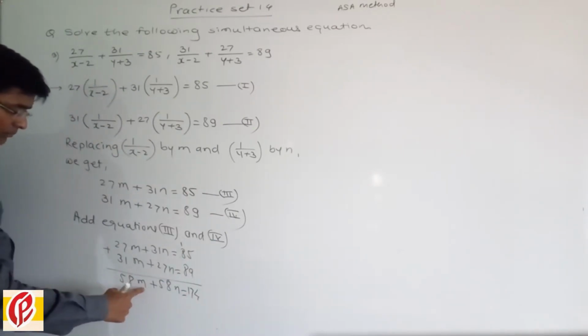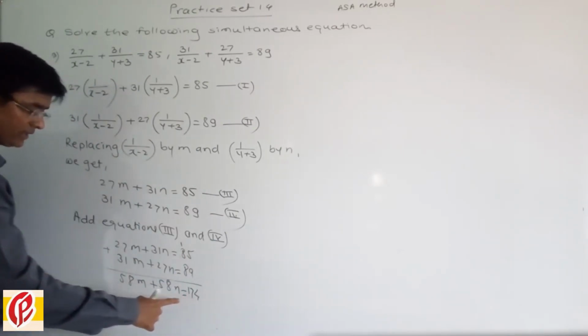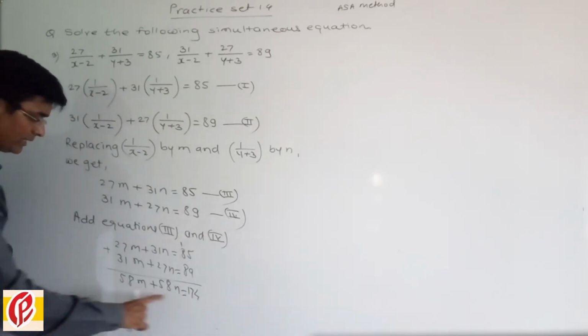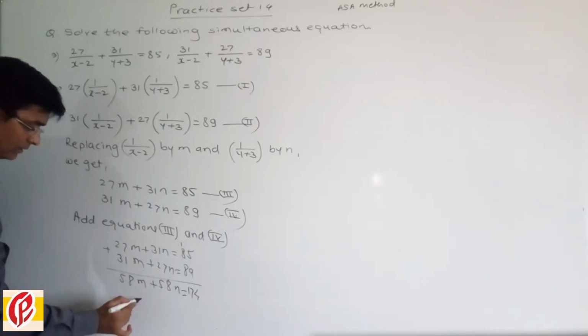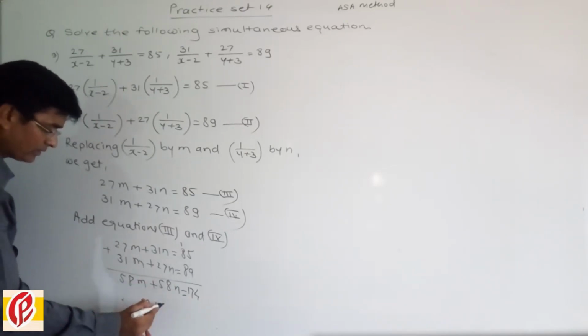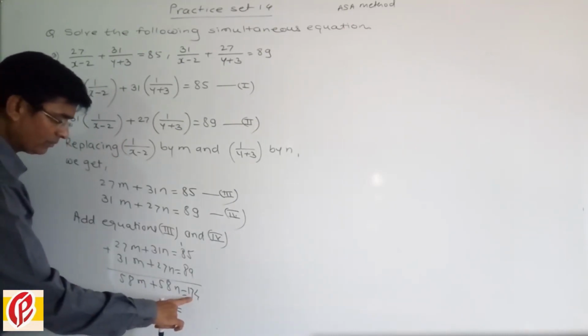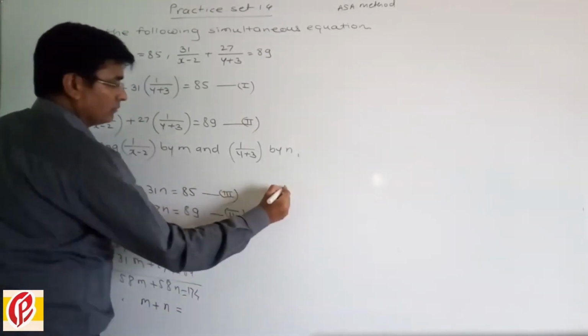So here is 58m plus 58n is equal to 174. So we can divide this equation by 58. So dividing by 58, what do we get? Here is m, 58 1s are 58, here is also n, is equal to 174 divided by 58.